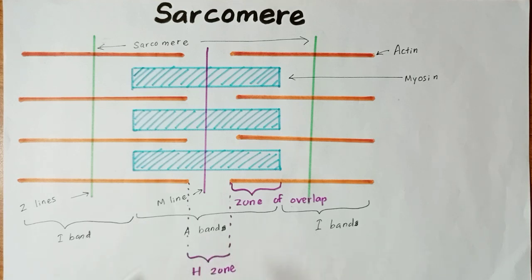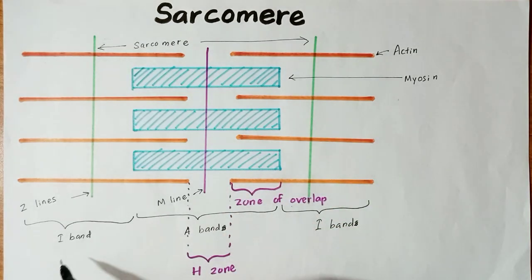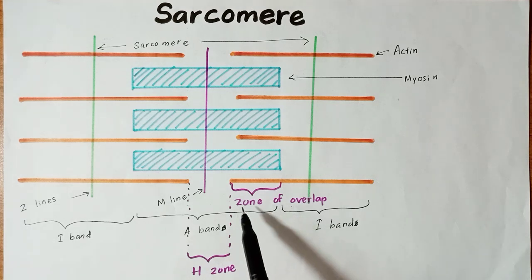A band means it is the dark one. It consists of thick filaments and also it can contain actin filaments. And I band means it only consists of actin filaments as it is lighter. And there's a zone called the H zone and it only consists of thick filaments. And also there's a zone of overlap where the thick filaments and thin filaments overlap.